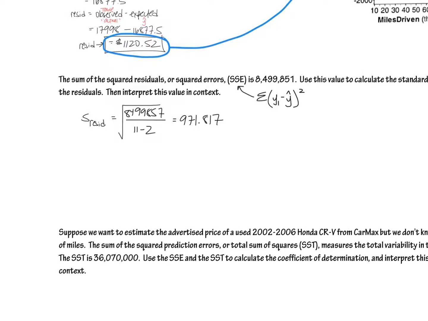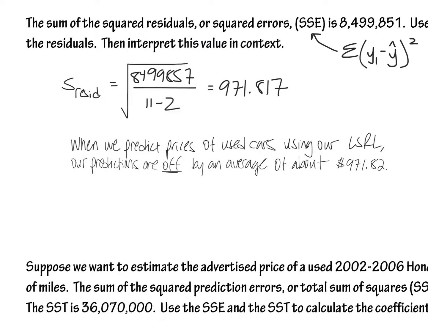And then the last thing we're asked to do is interpret. So I'm going to write out the sentence and then talk. Our interpretation for the standard deviation is very similar to the standard deviation interpretation from chapter 1. Again, this S here stands for standard deviation of the residuals. So it's pretty much the same fill in the blank sentence.